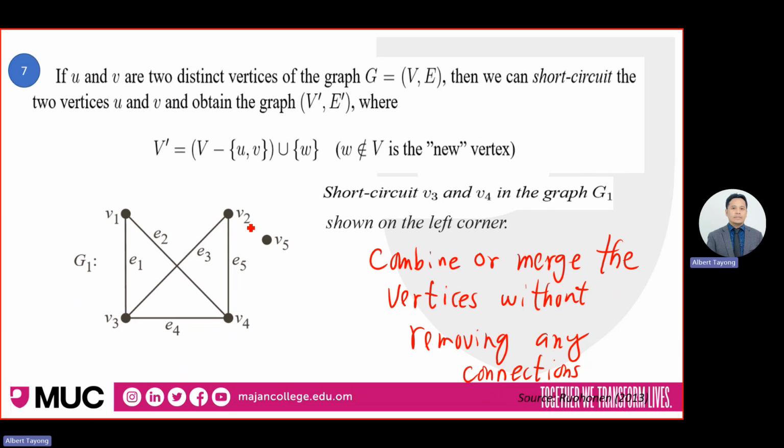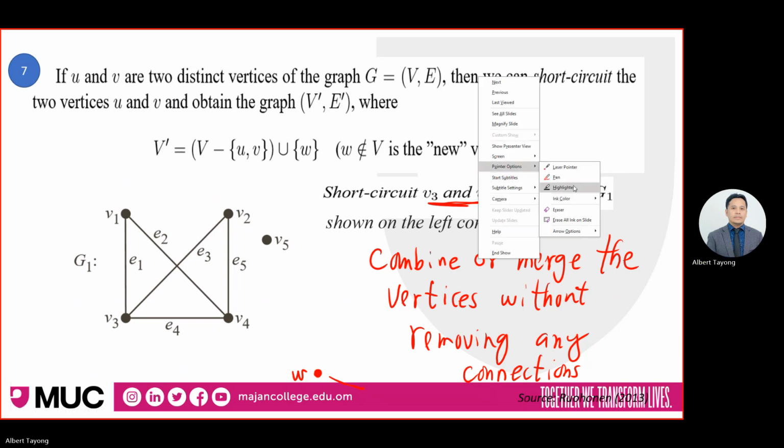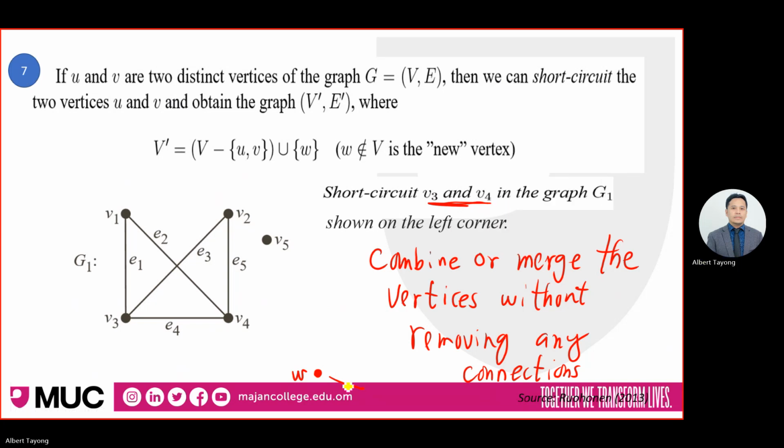Here we have V1, V2, V3, and V4. And you're asked to short circuit V3 and V4. This is our V3 and this is our V4. So we can put it here and name it as W. But this actually contains 2 points. This is 3 and 4. And here is our V1.